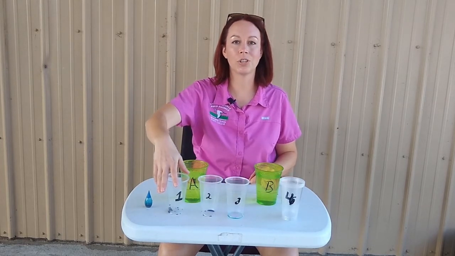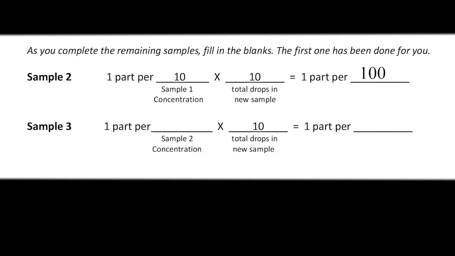Now let's look at our worksheet for sample 3. Like before, you can see we already have part of it filled in for you. The first blank is for the concentration of sample 2, which was 100. The second blank is the total drops in the new sample.